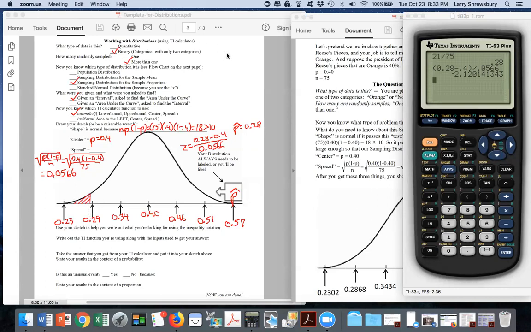So let's go ahead and I'll use my sketch here to help me with my little notation. So that point right there is the 0.28. And my p hats are to the left, so I'll put p hat to the left.